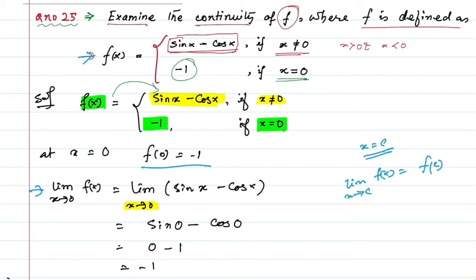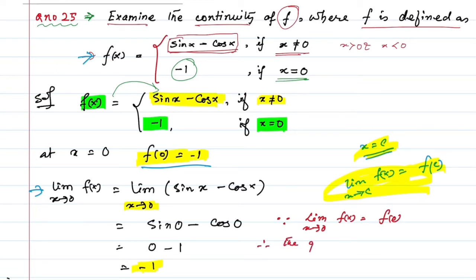As these two values are equal, according to this condition we can say this function is continuous. So here we have to write: since limit x tends to 0 of f of x is equal to f of 0, therefore the given function is continuous.